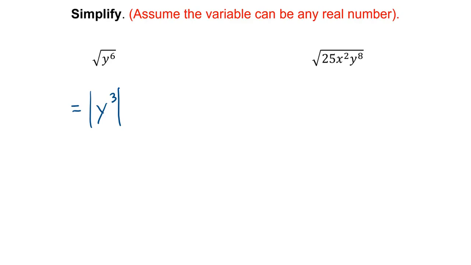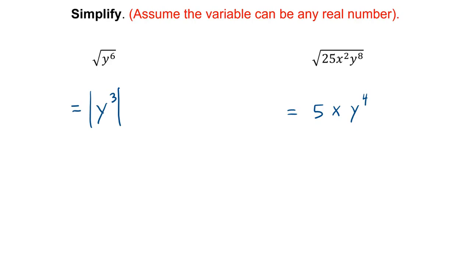Let's look at the example on the right. Here we need to find the square root of 25x squared y to the 8th. Well, the square root of 25 is 5. The square root of x squared is x, and the square root of y to the 8th is y to the 4th. So the square root of 25x squared y to the 8th is 5xy to the 4th.